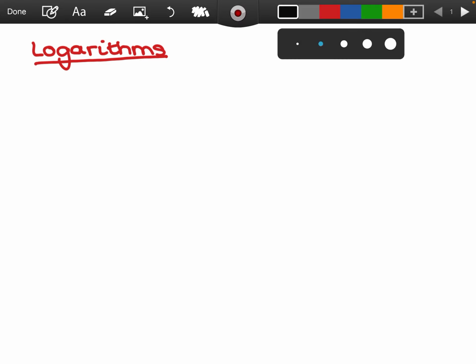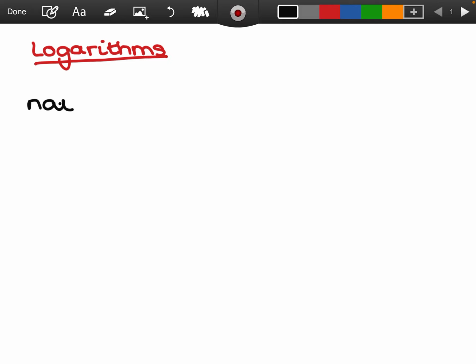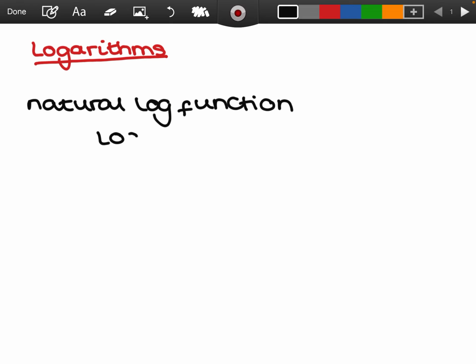The first one is called the natural log function. The natural log function is just a logarithm with base e. So e, as we looked at in our exponentials section, was that random constant that was roughly equal to 2.7. And so we also said that exponentials and logarithms are actually inverses of one another.